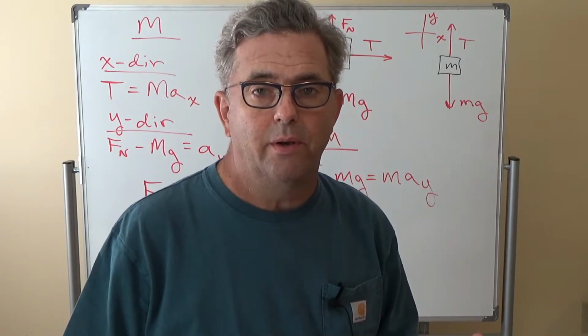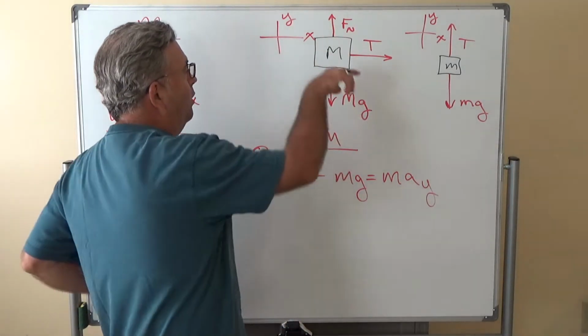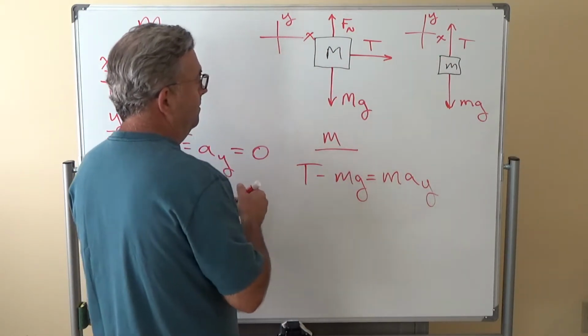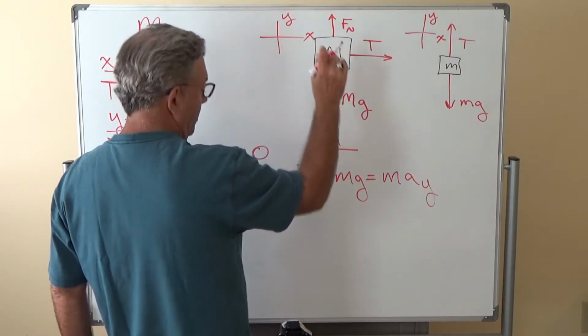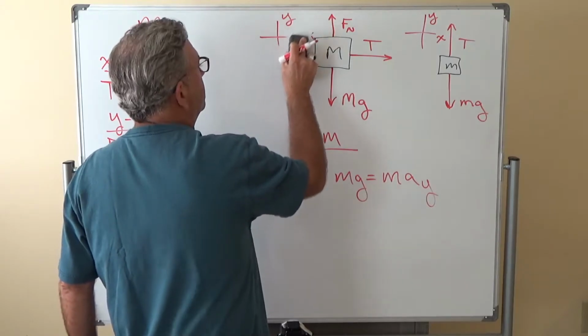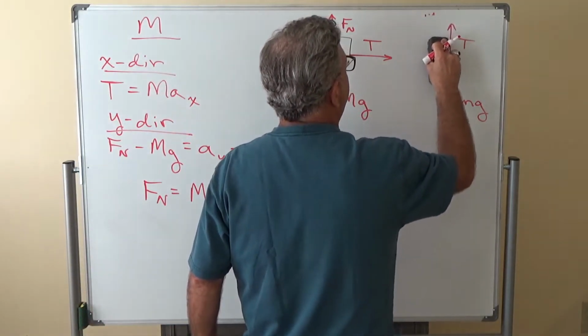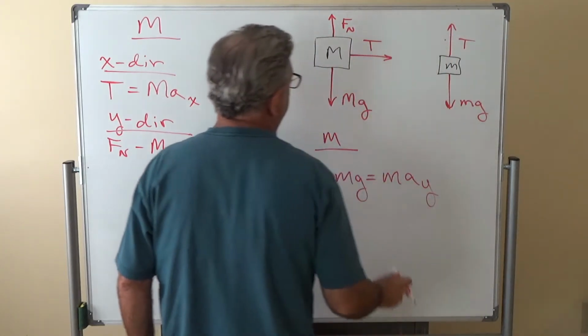Here's the way I do it. I set up the acceleration. I know that if this object is accelerating in this direction, right? Let me go ahead and get rid of these coordinate systems. I put one acceleration for the system based on the physics.